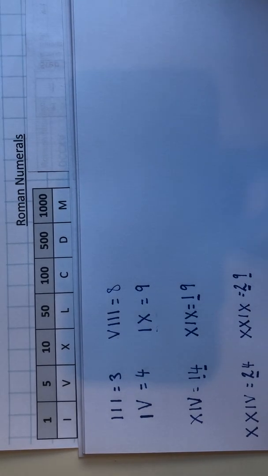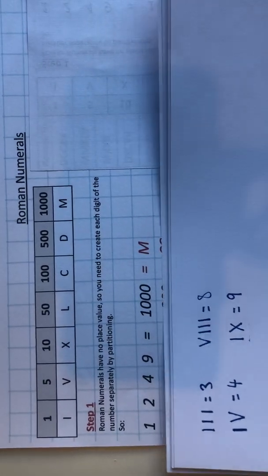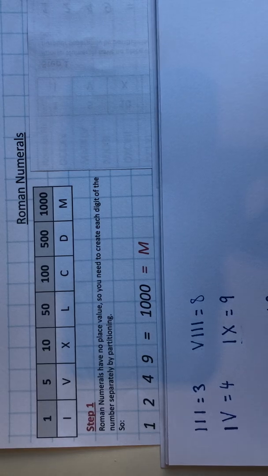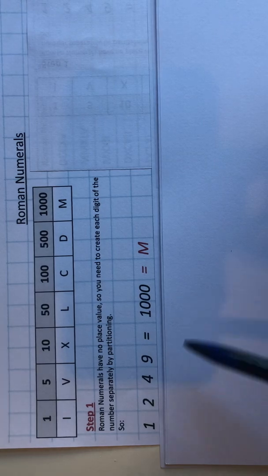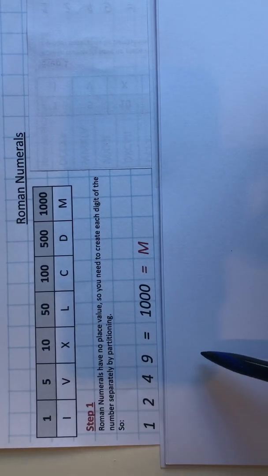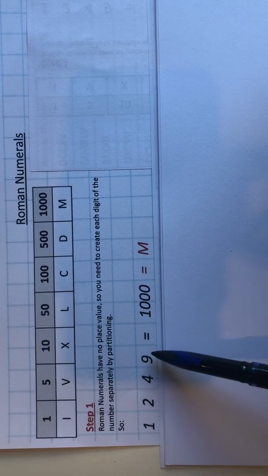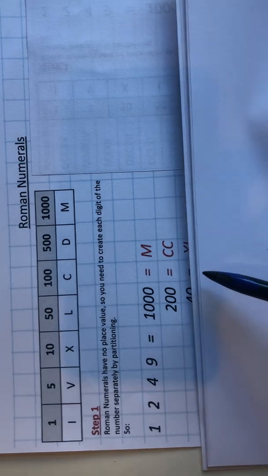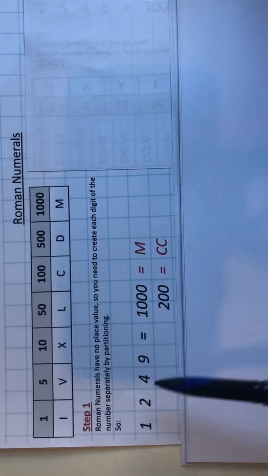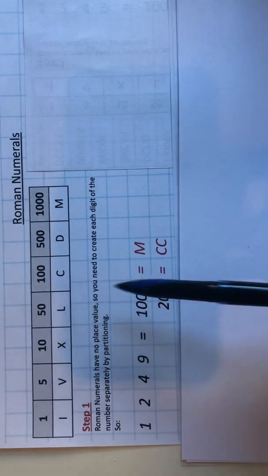I'm just going to move my page and you're just going to have a look at this step. Okay. Because Roman numerals don't have any place value, you need to create each digit of the number. So we know that if we wanted to make the number 1,249, with the 1,000 as one of them, so it's just M. To make the 200, we need C and C, because C add C equals 200.